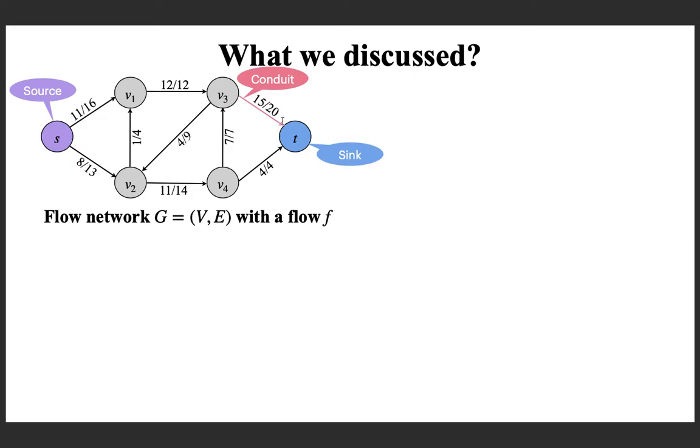this medium called conduits connecting two vertices. And a conduit is characterized by its capacity, in this example 20, which is the maximum rate at which materials can flow along that conduit, and then it is also characterized by the flow through that conduit, which is the actual amount of materials passing through that.